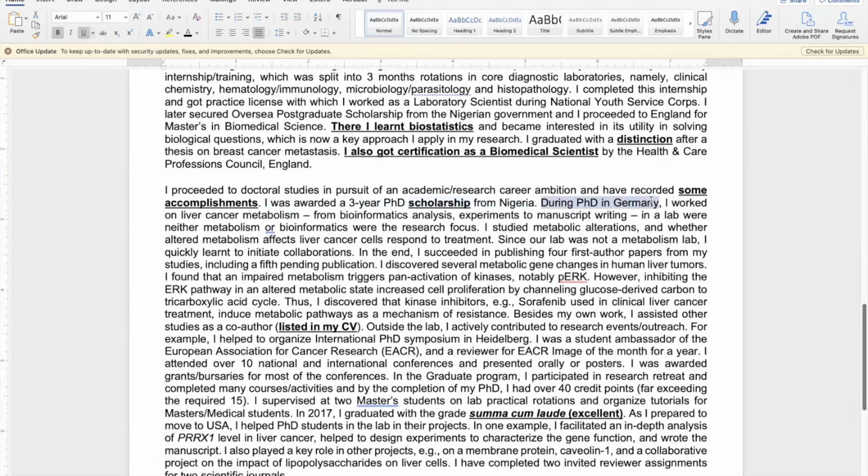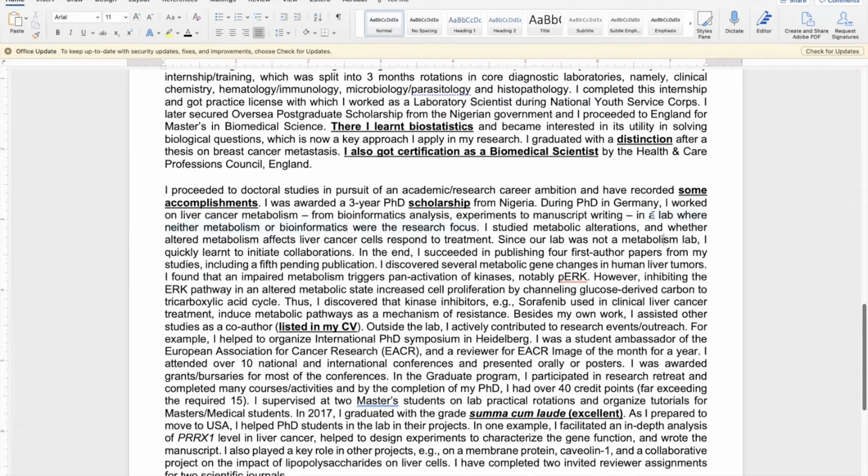During PhD in Germany, I worked on liver cancer metabolism from bioanalysis, bioinformatics analysis, experiments to manuscript writing in a lab where, I have to correct this typo, in a lab where neither metabolism nor bioinformatics were the research focus.